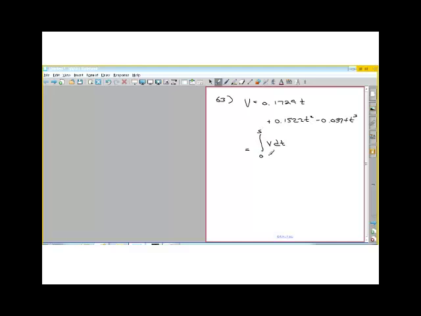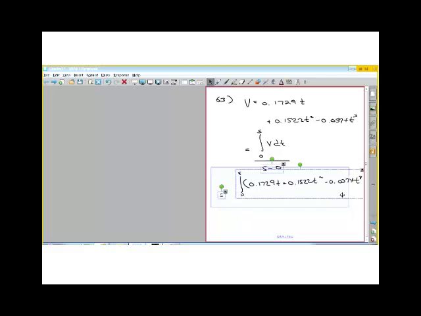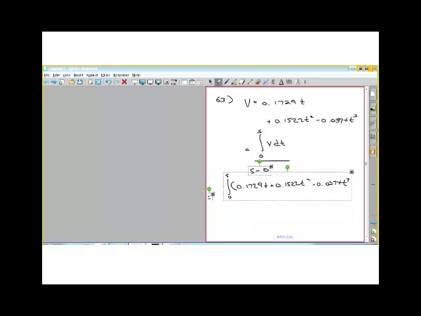So we start at 0, we get a 5, and then we divide by 5 minus 0. So it's the integral from 0 to 5 of 0.1729t plus 0.1522t squared minus 0.0374t cubed, multiplied by dt, all over 5.